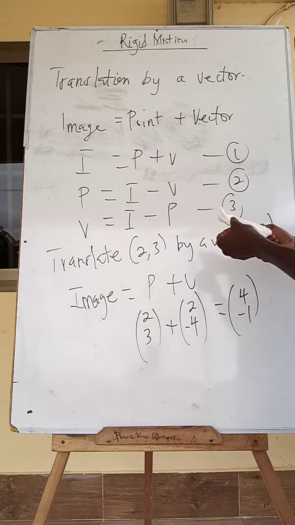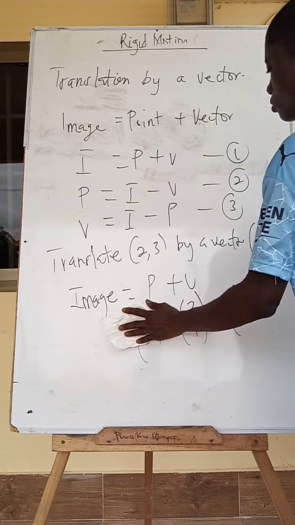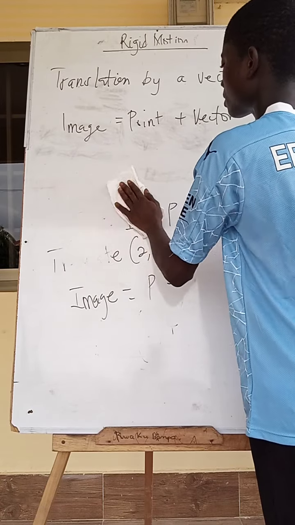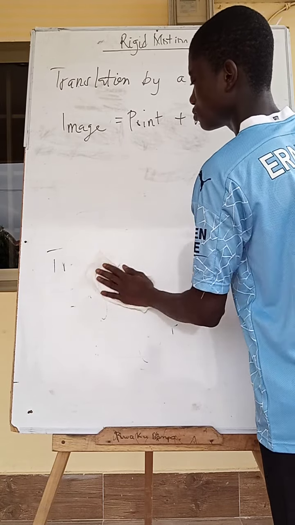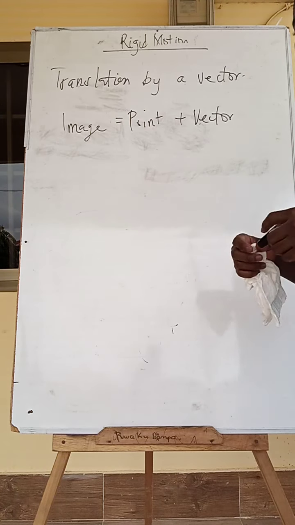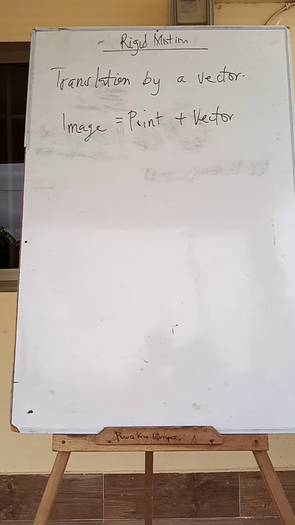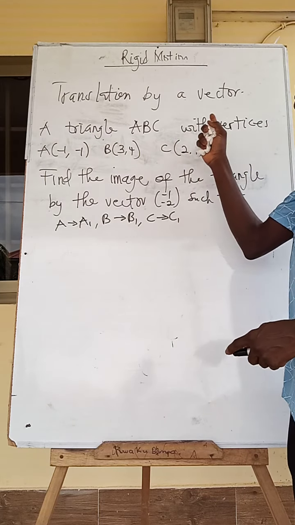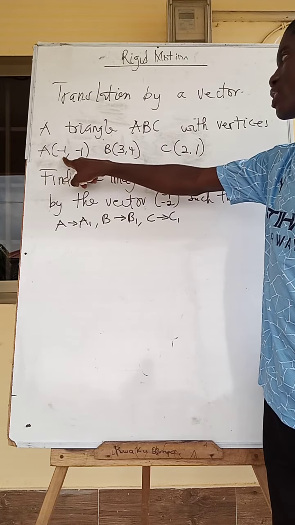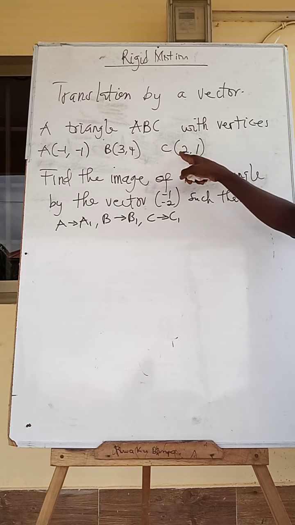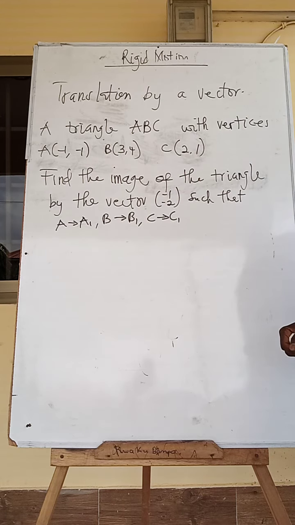Let's take another example so that you will understand it very well. Okay, let's see this question. A triangle ABC with vertices A(-1, -1), B(3, 4), and C(2, 1).